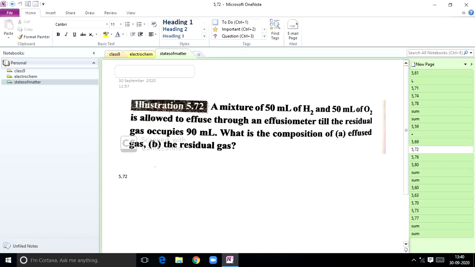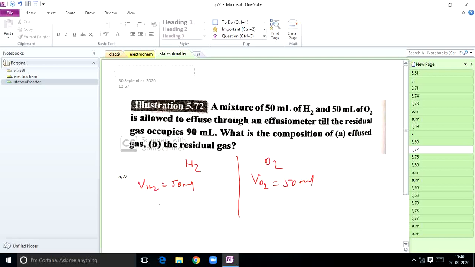Here hydrogen and oxygen, two gases are mentioned. So volume of hydrogen, how much given, students? 50 ml. At the same time volume of oxygen 50 ml. Volume is same. So be careful here.